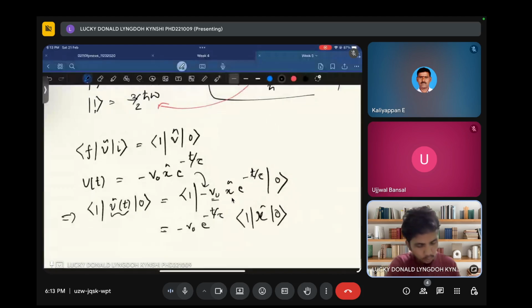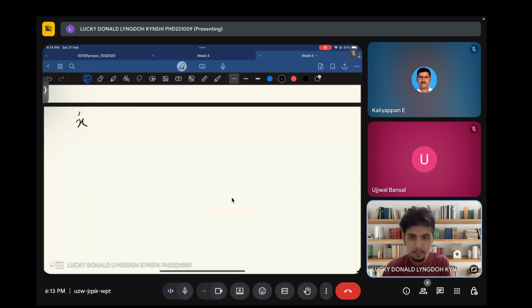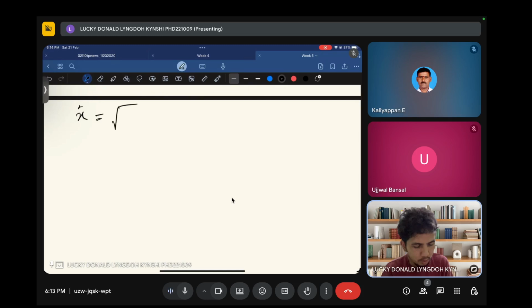So from here you see that there is an x̂ term. Remember, for a harmonic oscillator, the first question that we solved today, x̂ is equal to the square root of ħ by 2mω times (â plus â†). That is the first question that we have solved in today's class.